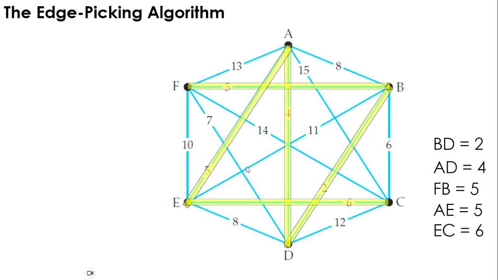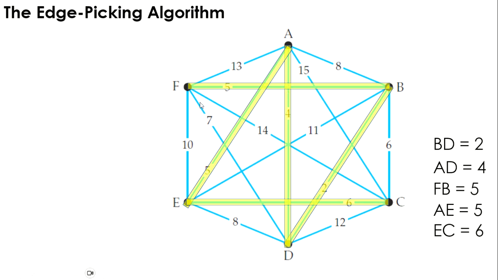11, also. So 3 connections or 3 edges for B and E. So let's skip that. Then for 12, there will be 3 connections for D. So let's skip that. And then, how about 13? Okay, for 13, we'll have AF, but there will be 3 connections for A, so we'll skip 13.